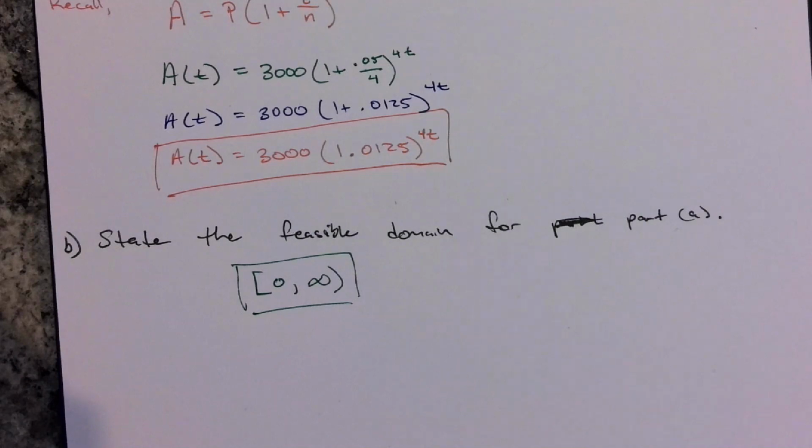But the problem is that sometimes people don't recognize that the premise of the problem, as stated, is actually giving you the idea of where the feasible domain would be. If this was just a function given to you and I didn't tell you any information about it meaning something in time and years, it was just a problem where I said, here's the function, there were no problem points, you could say negative infinity to infinity for the domain.